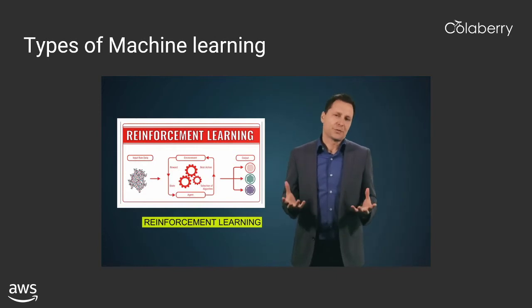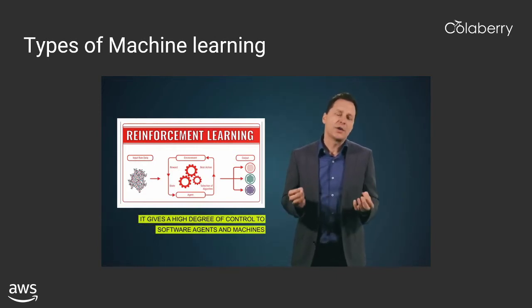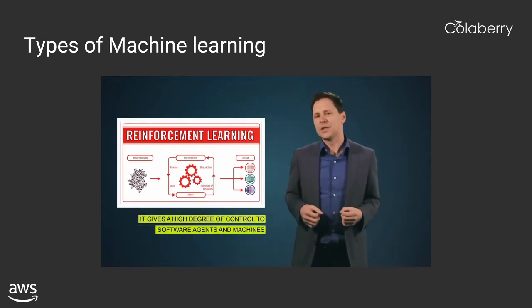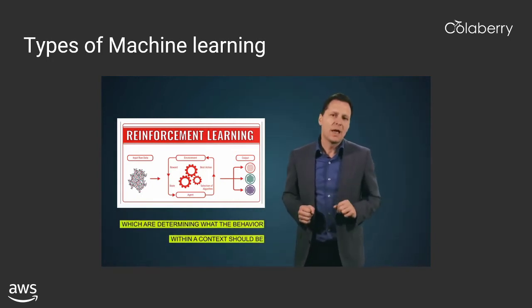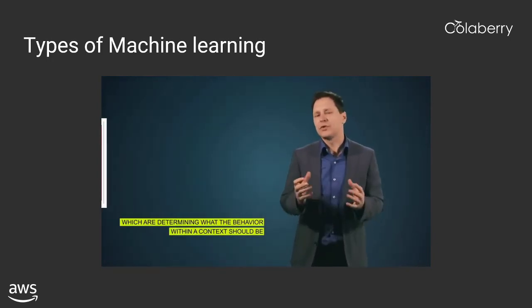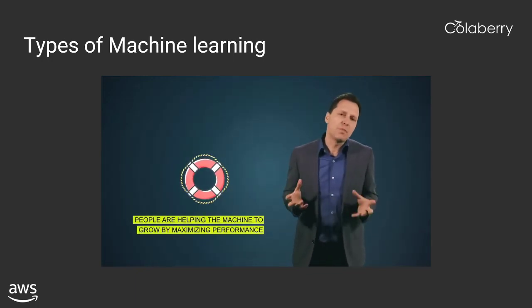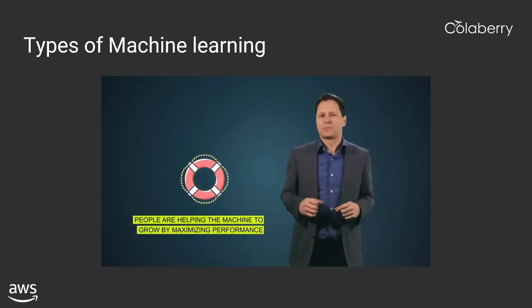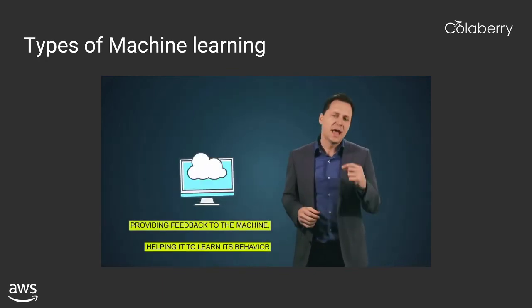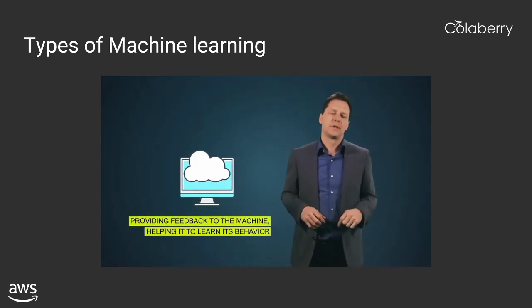Reinforcement learning is different because it gives a high degree of control to software agents and machines, which are determining what the behavior within the context should be. People are helping the machine to grow by maximizing performance, providing feedback to the machine, helping it to learn its behavior.